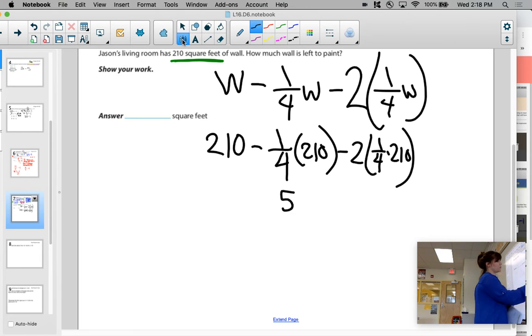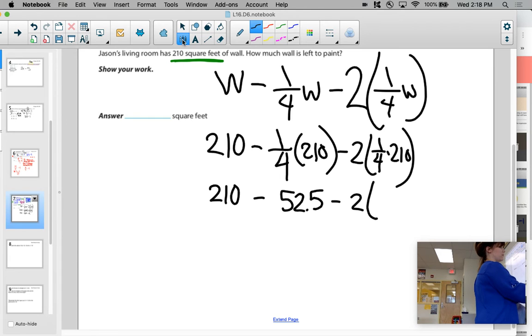So 52.5, yep, 52.5 is what 1/4 times 210 is. Okay, so I can replace that 1/4 times 210 here with that 52.5 as well.